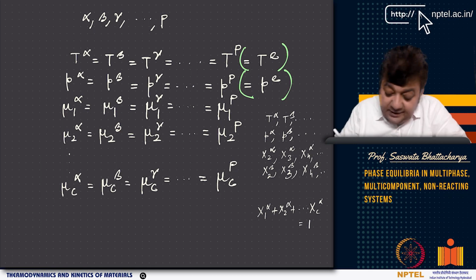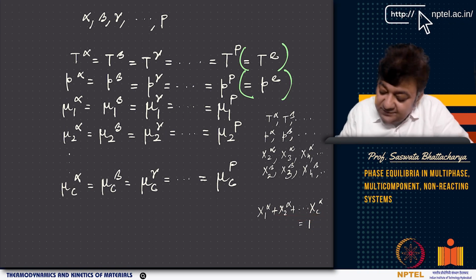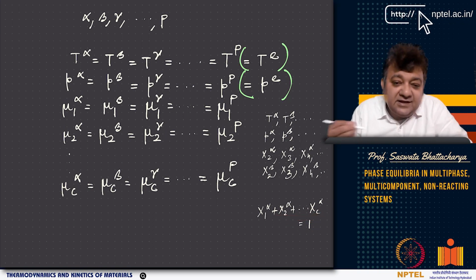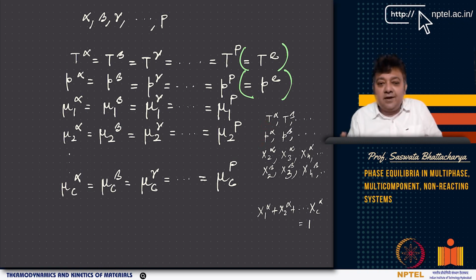So if I take component 1 to be dependent, then components 2 to c are all independent. So in each phase you have c minus 1 composition variables, expressed in mole fraction, and then you have also the variables P and T. So you have c minus 1 plus 2 variables for all the P phases.